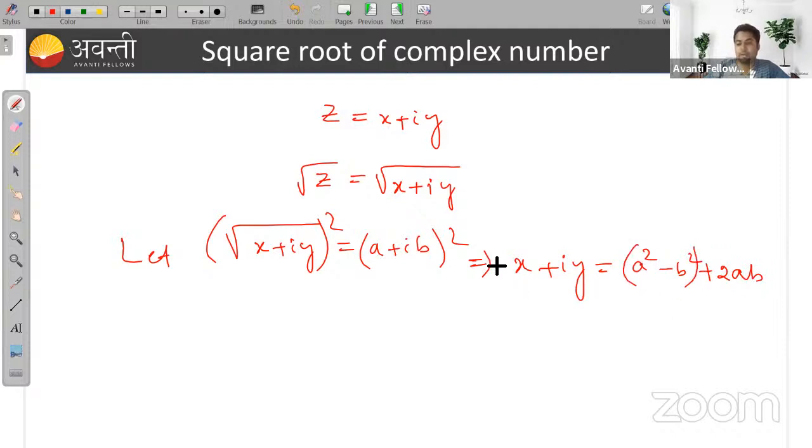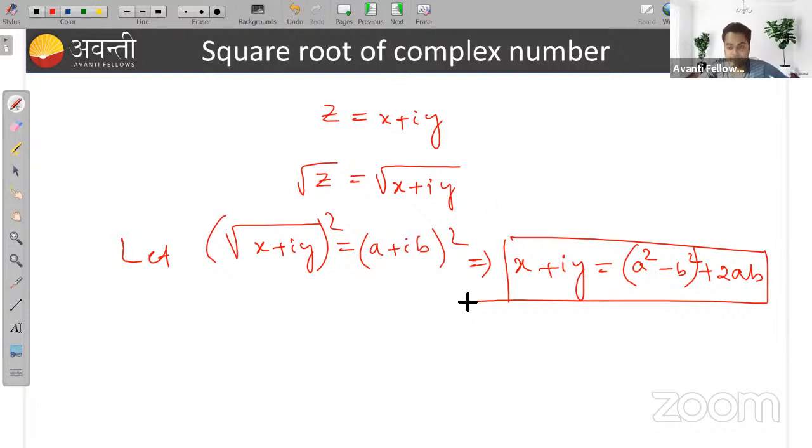So see here, this is the equation I'm getting. If I compare both sides, I'm getting x is equal to a square minus b square, and y is equal to 2ab.